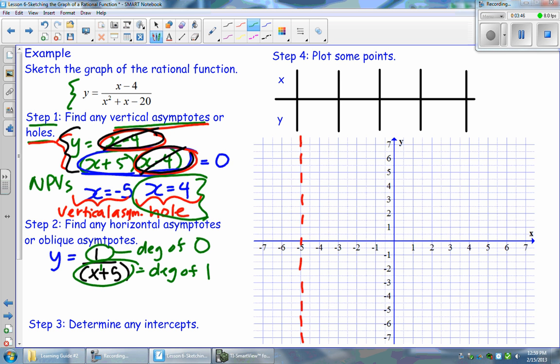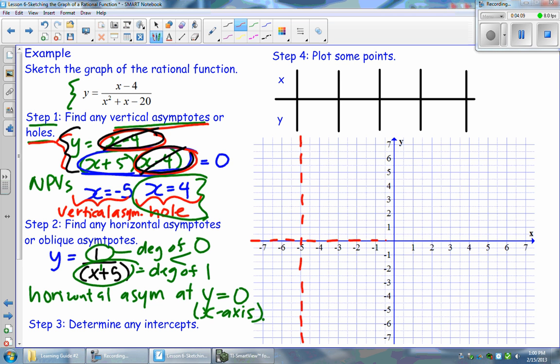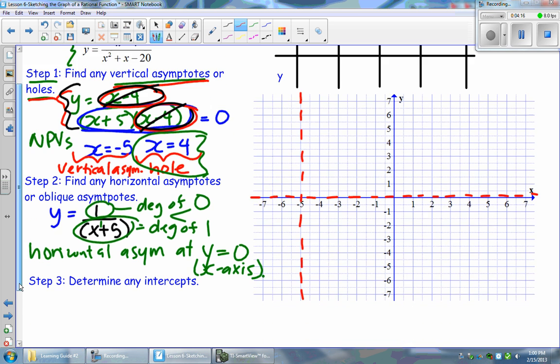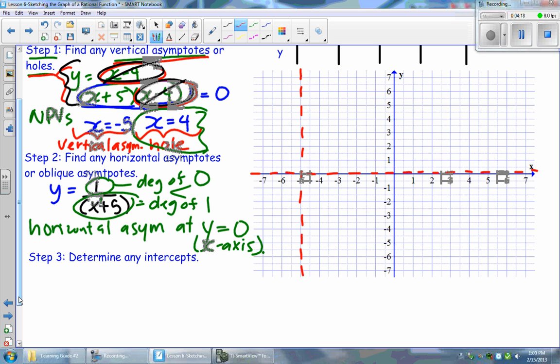Comparing these two values here, 0 is obviously less than 1, so therefore we have a horizontal asymptote at the line y is equal to 0, which is also the x-axis. So we have identified a horizontal asymptote along the x-axis, so draw that line using a dotted horizontal line. It's not going to touch that line. It's going to approach it, but it's not going to touch it.